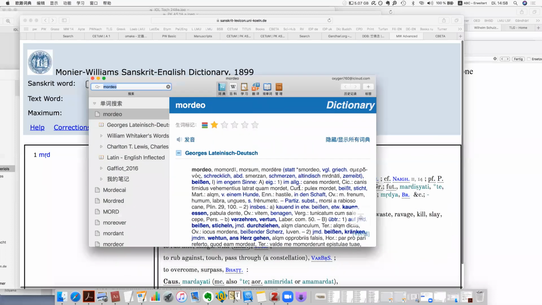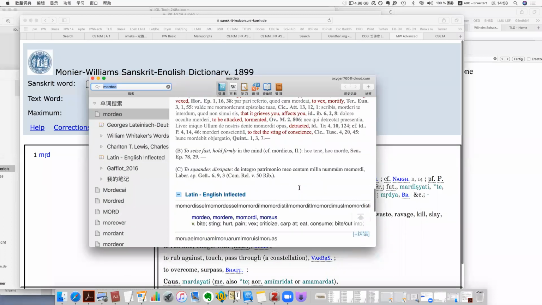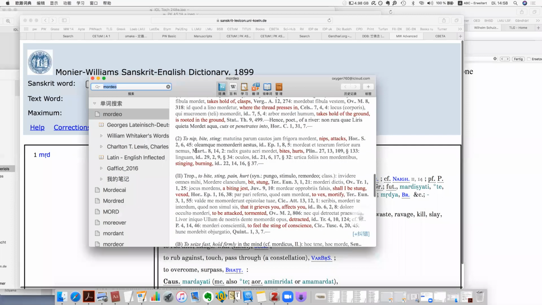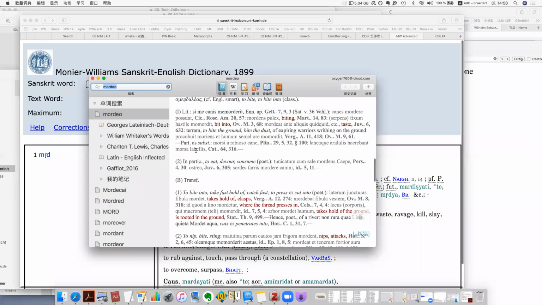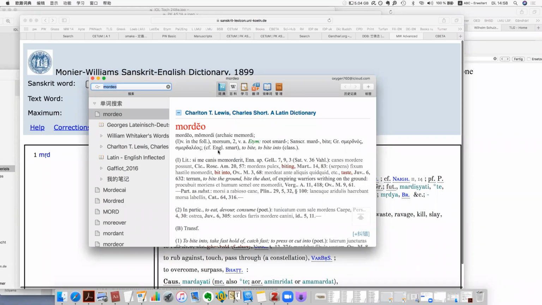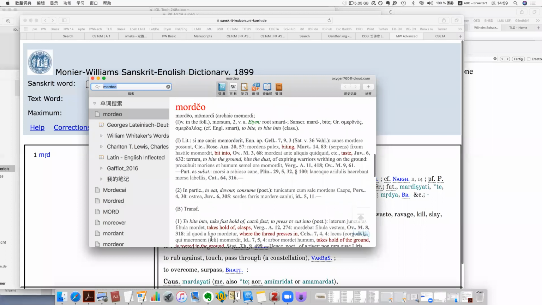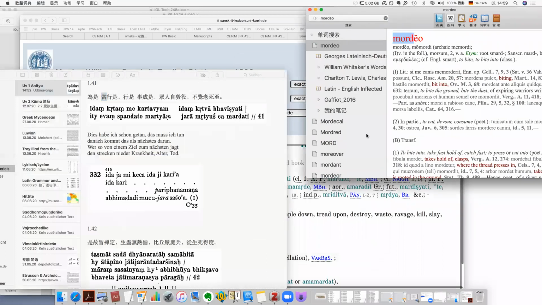There's a word in Latin called model, and model means kind of bite something, or take fast hold of something, catch something, press, cut into, like this. So it is cognate with Latin model. Okay, this is a word.